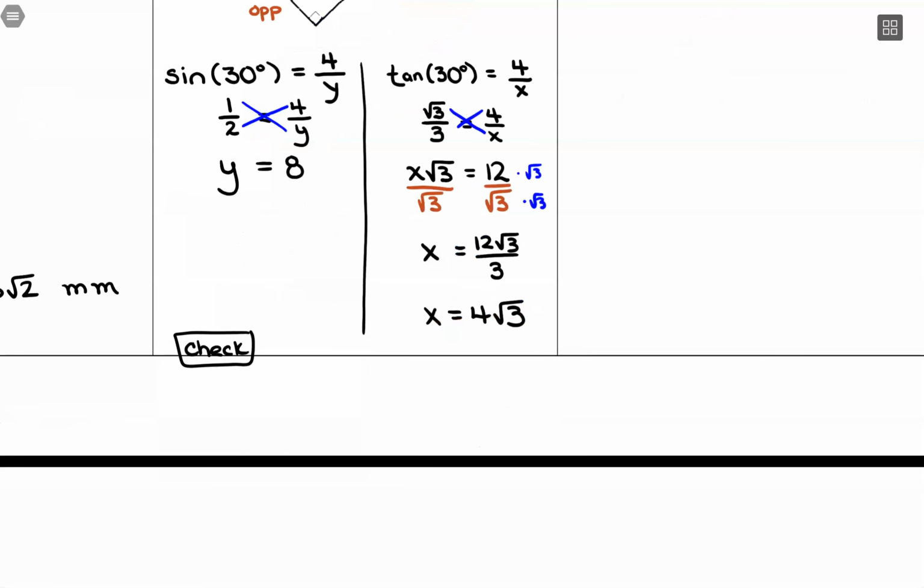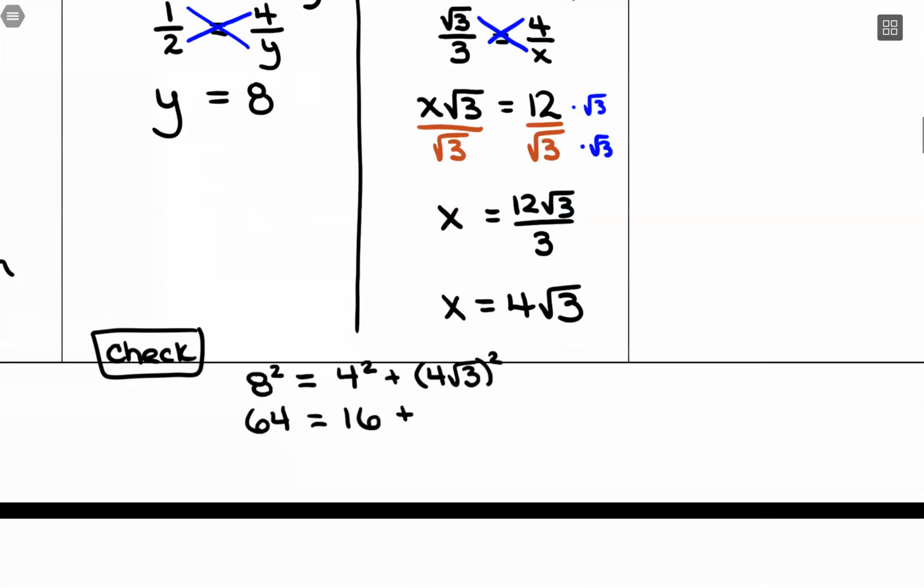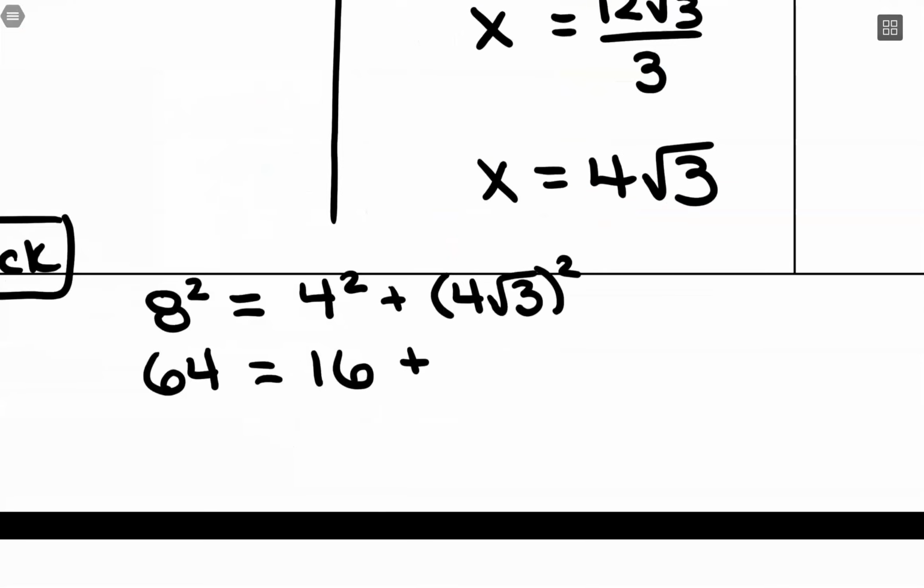So what we found is the hypotenuse. So the idea is 8 squared should be equal to 4 squared plus (4 root 3) squared. So 8 squared is 64, 4 squared is 16, plus, and then how this would simplify, we'd have 4 squared, which is 16, times square root of 3 squared, which is just 3.